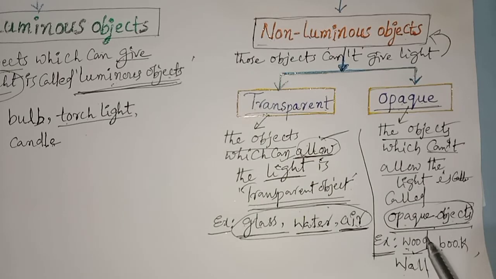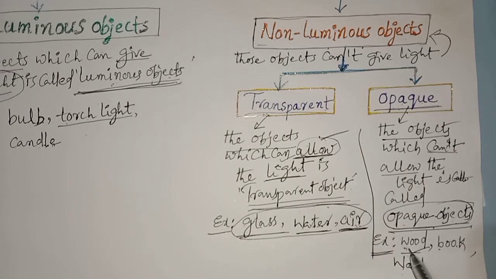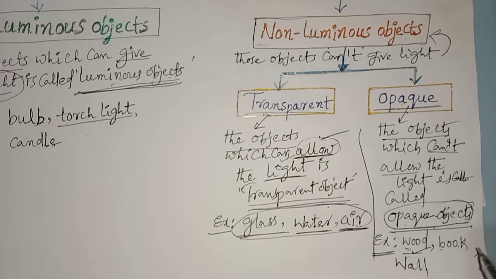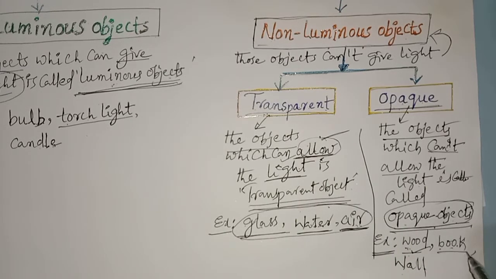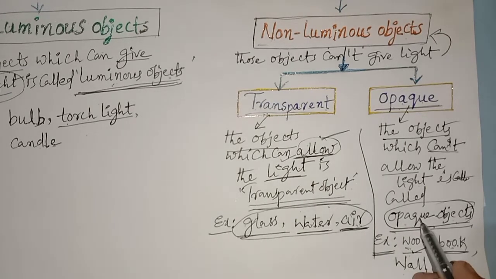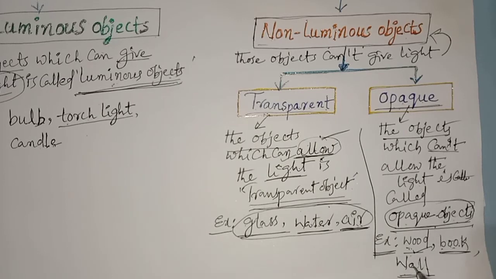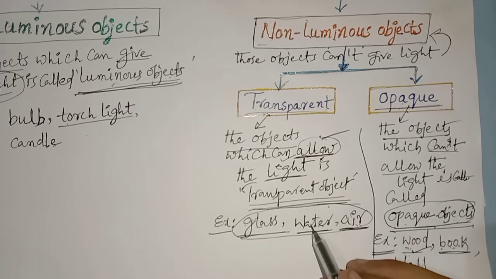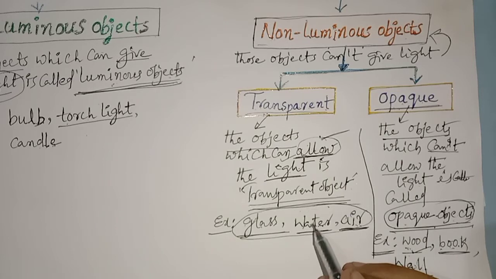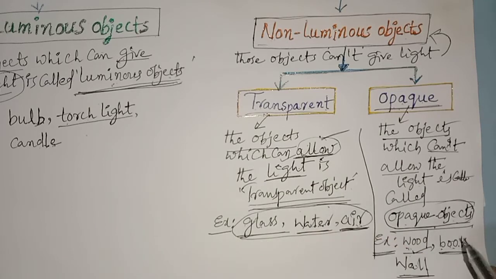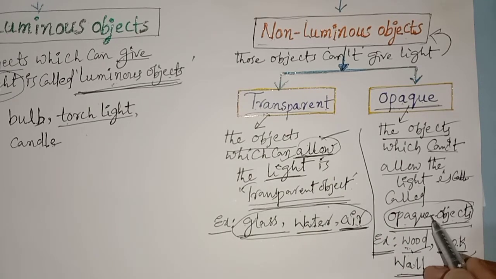What are the examples of opaque objects? Wood is an opaque object, a book is an opaque object, and a wall is an opaque object. Means a wall can't allow the light, whereas water can allow the light. So water is a transparent object, and a book is an opaque object.